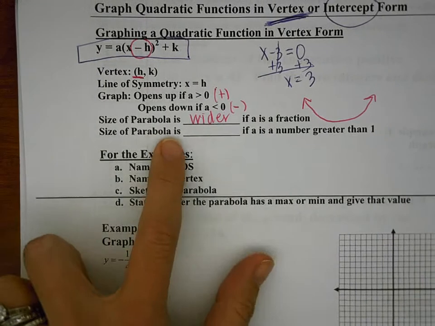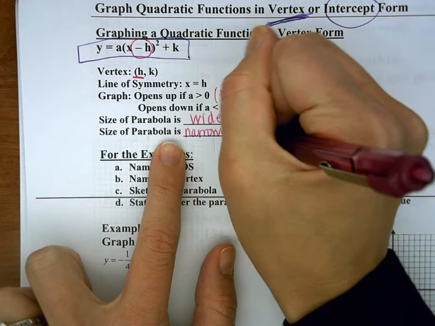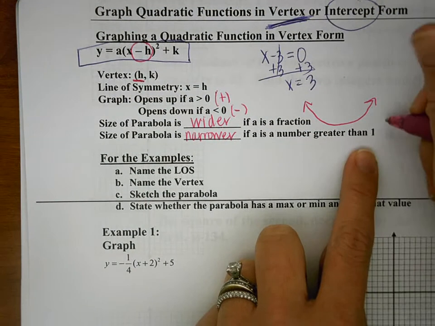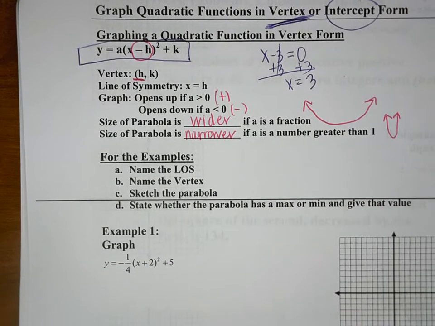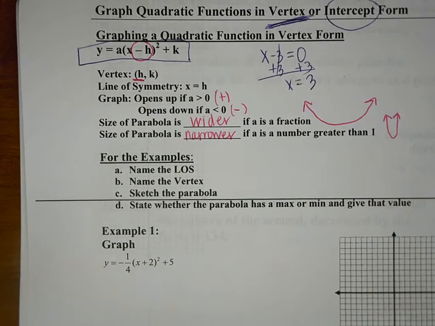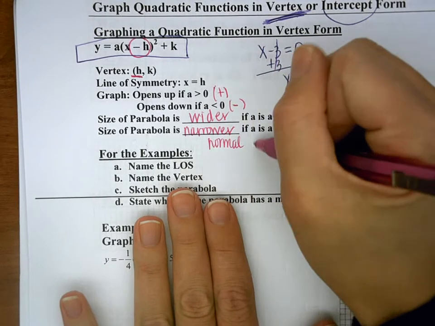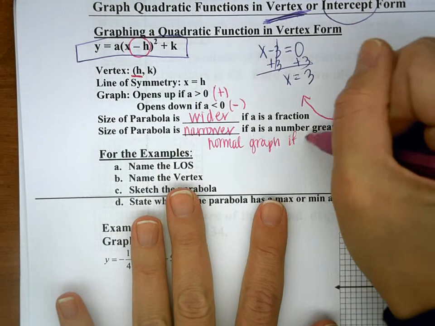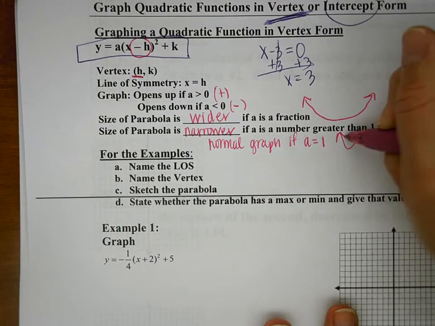The size of your parabola is narrower if a is a number greater than 1. Narrower meaning something like that. And it's just a normal graph if a equals 1. So just your average parabola.